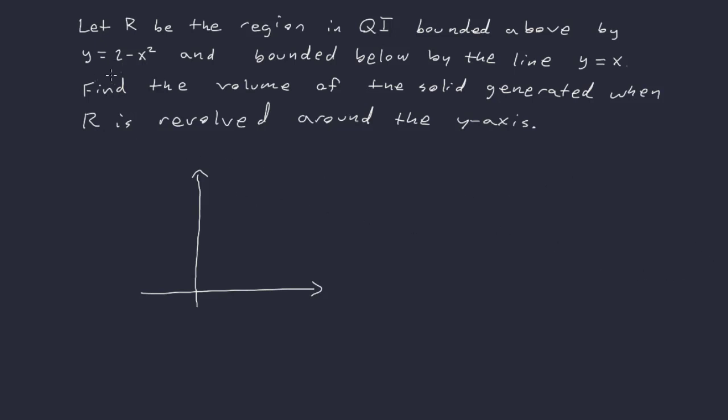So 2 minus x squared looks something like this, and y equals x looks something like this. So we're looking at this shape here, and we want to revolve it around the y-axis so we get this sort of top-looking shape.